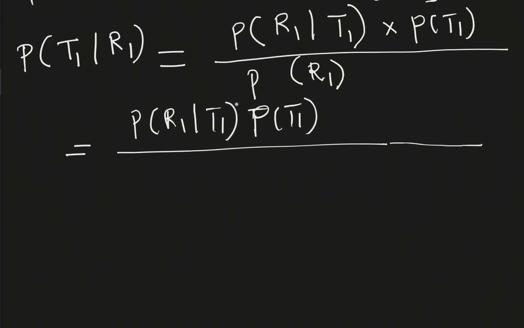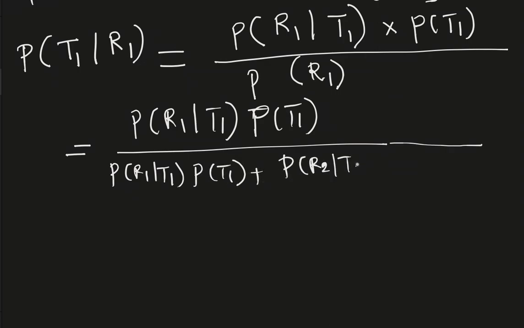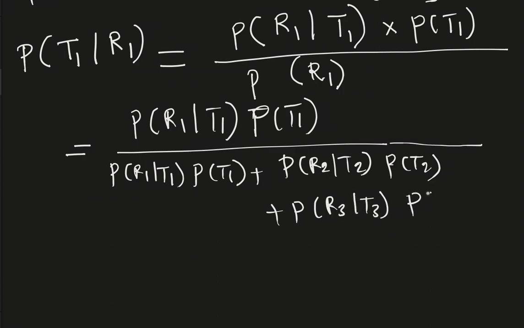We know that we can write P(R1) as P(R1|T1) P(T1) plus P(R1|T2) P(T2) plus P(R1|T3) P(T3).